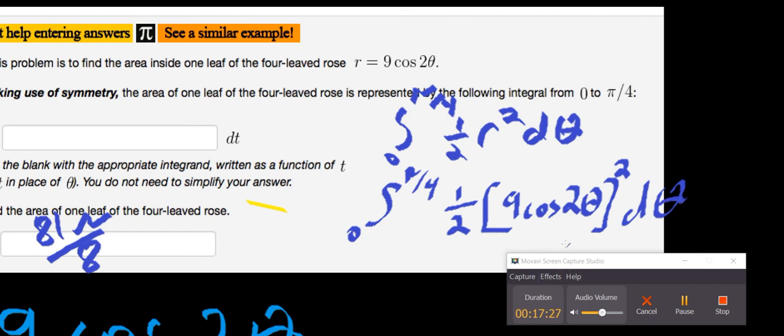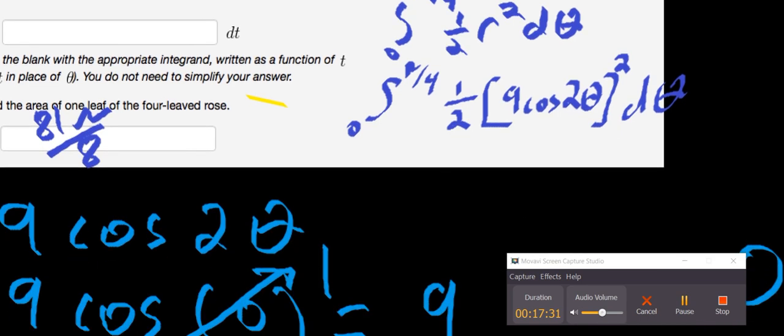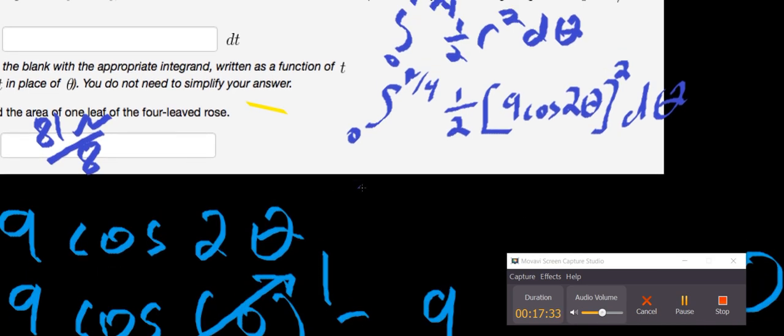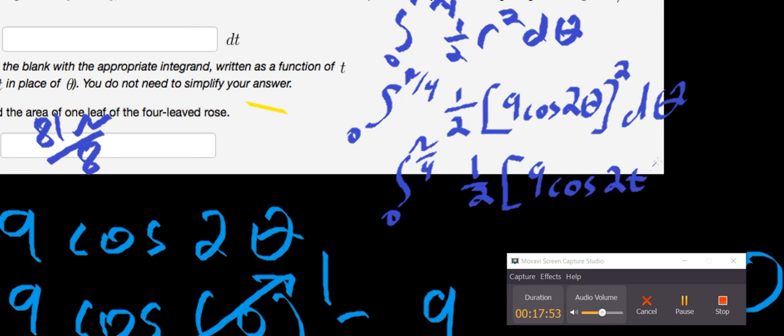And if we want to change this in terms of t and dt, well, we just replace every theta. 0 to pi over 4, 1/2, 9 cosine 2t, squared, dt.